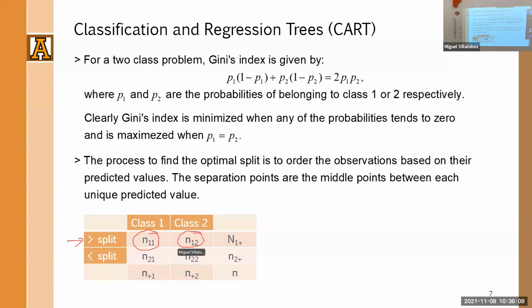If my variable takes a value less than the split, then I will have this number of observations assigned to class 1 and this number assigned to class 2. And these are my row totals, this should be a lowercase n, and these are my column totals.